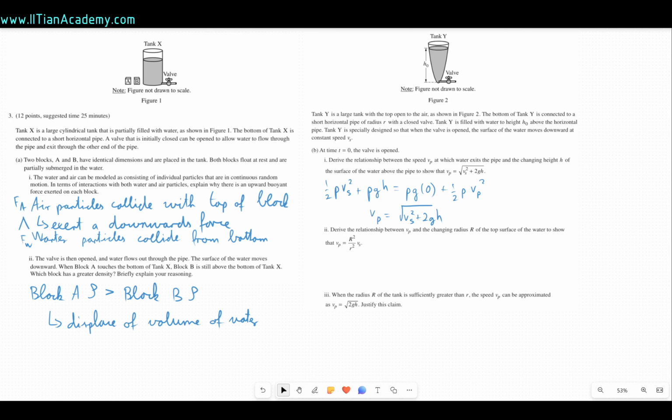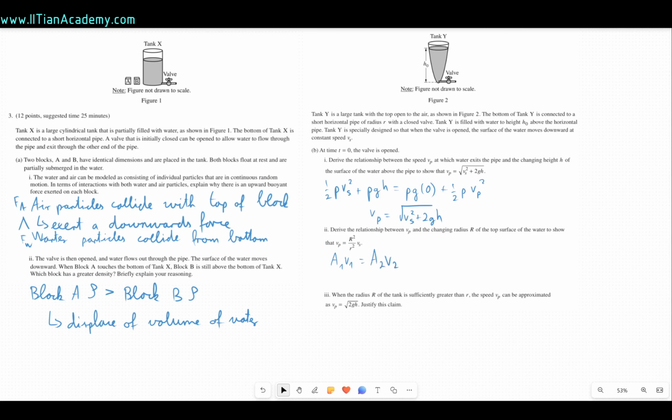And then in part 2, we're asked to derive the relationship between Vp and the changing radius R of the top surface of water to show that this relationship holds. So what we need to remember here is the continuity equation, which is that the volumetric flow rate remains constant throughout the entire system. Therefore, we can say A1 times V1, so the surface area over here multiplied by the speed, will have to be the same as A2 times V2.